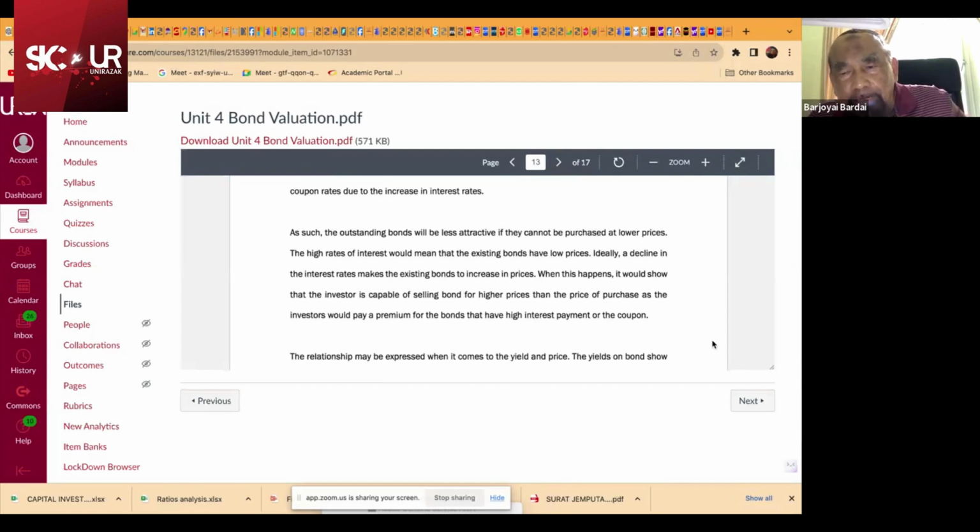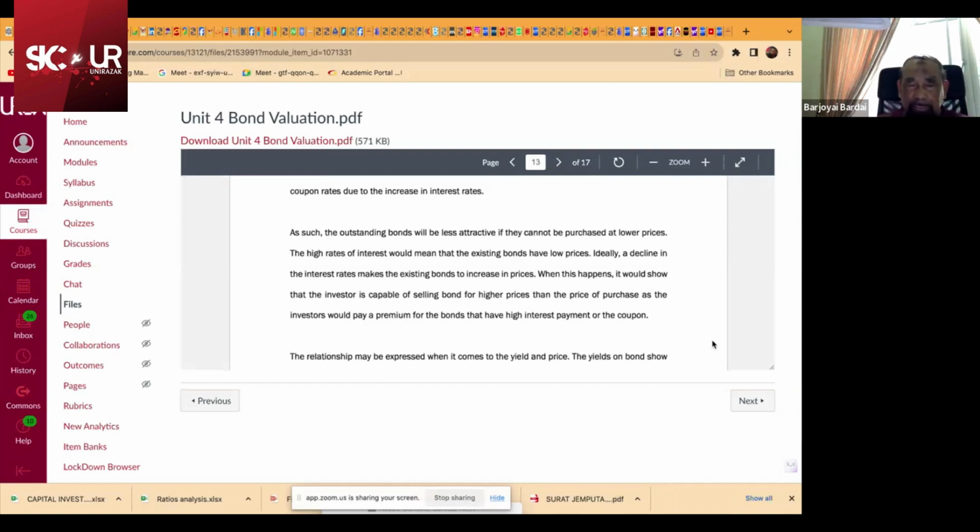When this happens, it shows that the investor is capable of selling the bond for a higher price than the price of purchase, as investors would pay a premium for the bond that has a higher interest payment or coupon.